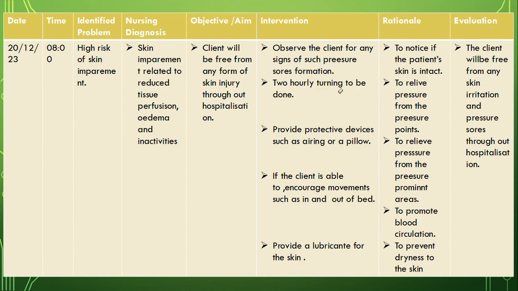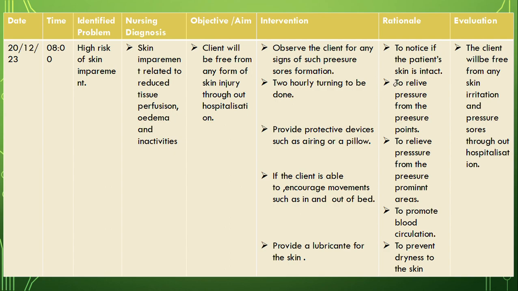So the second intervention is that we will be turning the patient hourly. That is, if the patient is unconscious and unable to move on their own, we are going to be turning them every 2 hours. Why are we doing so?